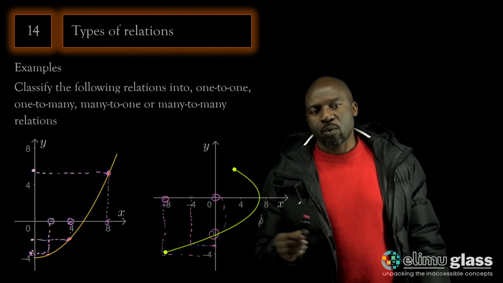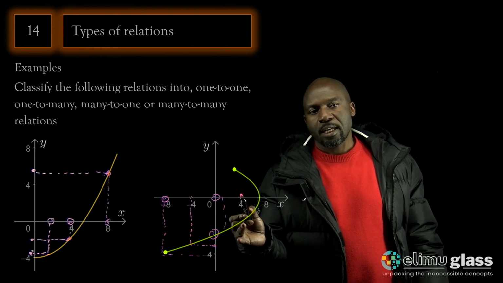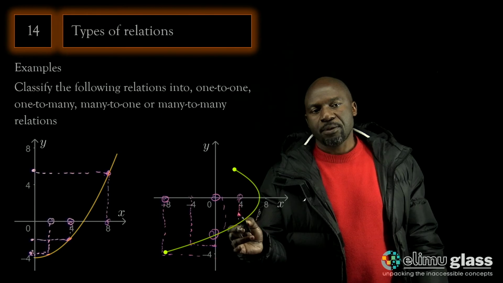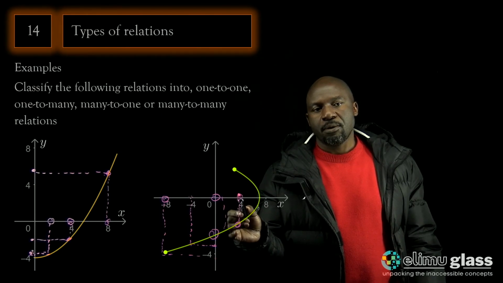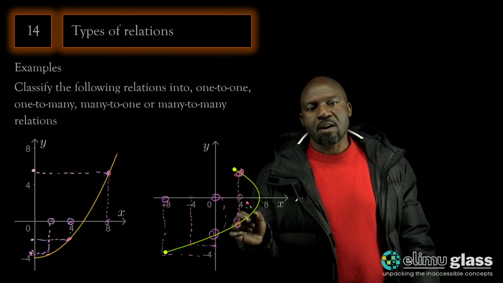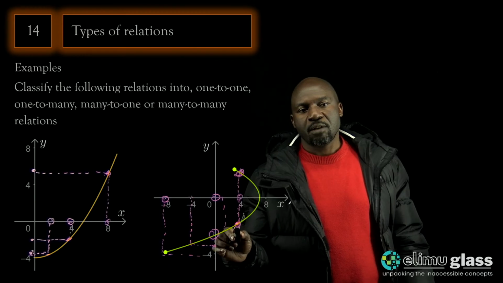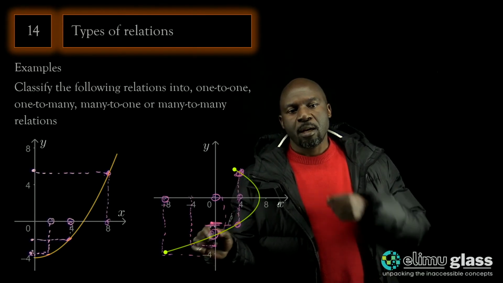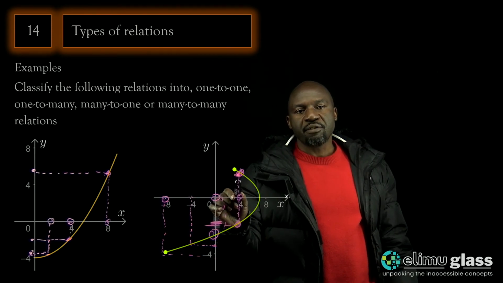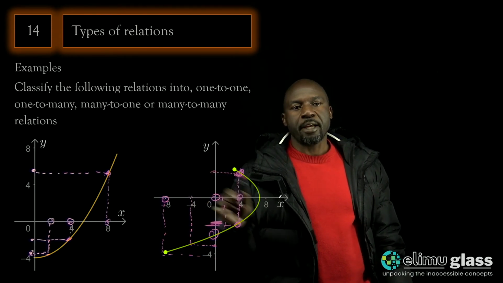But see what happens when we get to x is 4. At x equals 4, now I have a value down here, but I also have a value up here. And because of that, now one x value is giving me a y value down there, and it's also giving me a y value up there.